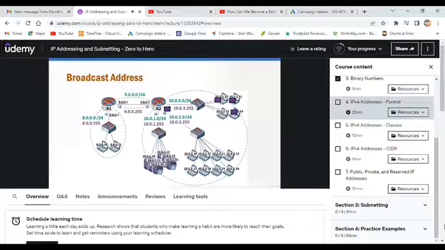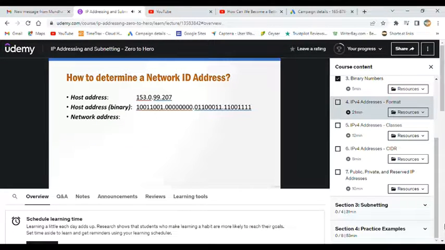Hopefully that's clear enough. We're just going to look at one more example of how to determine a network ID address and how to determine a broadcast address. In this example, we're going to use host address 153.0.99.207. And this is the binary representation of this address. The red part is going to be our network portion, and the blue part is going to be our host portion.